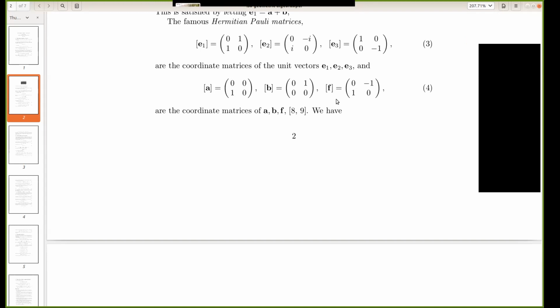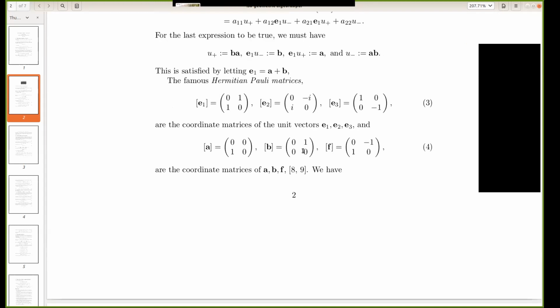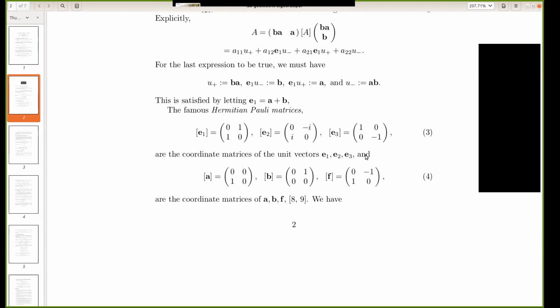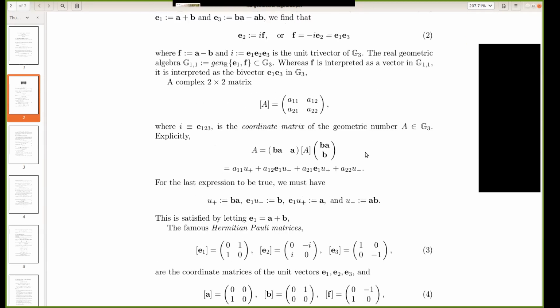But a few paragraphs above, could you go a little bit higher? Yes, there you wrote, just the paragraph under equation 2, G11 is generated by E1 and F.